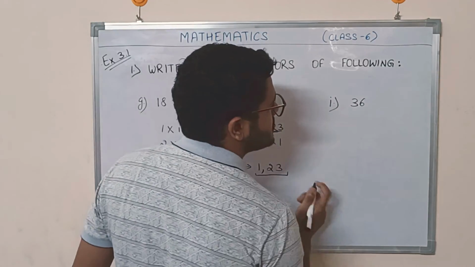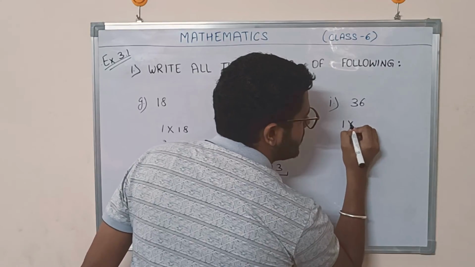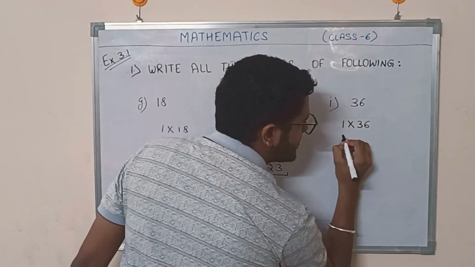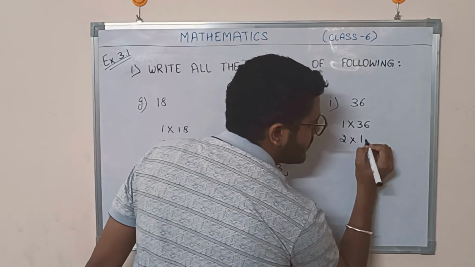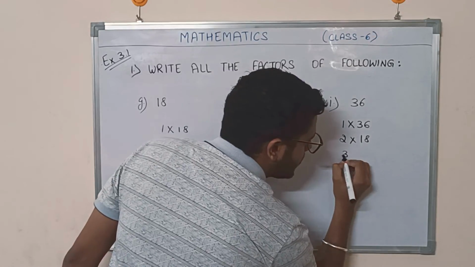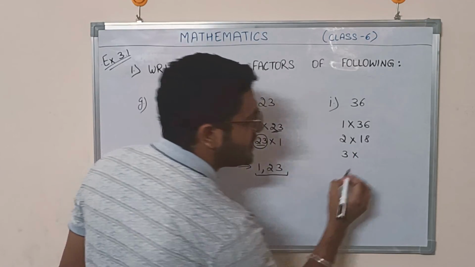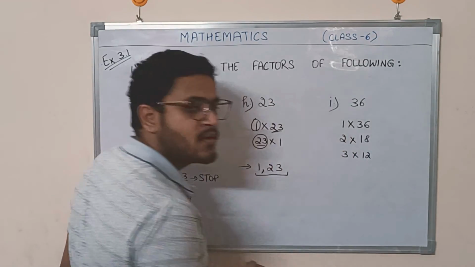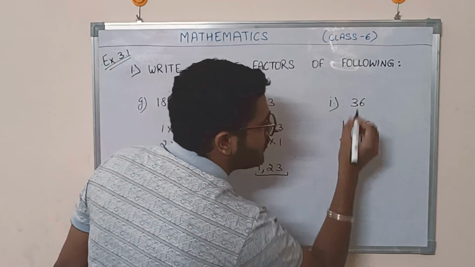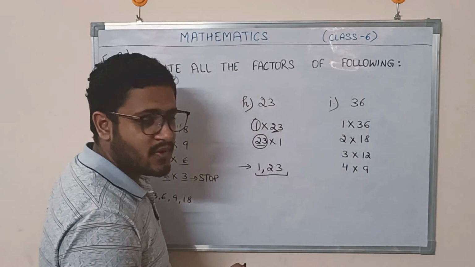Okay. So let's go with 36. First is 1 into 36, right? And when you divide 36 by 2, you will get 18. Now let's try with 3. When you divide 36 by 3, we will get 12. Now again go with 4. 4 9s are 36, right?